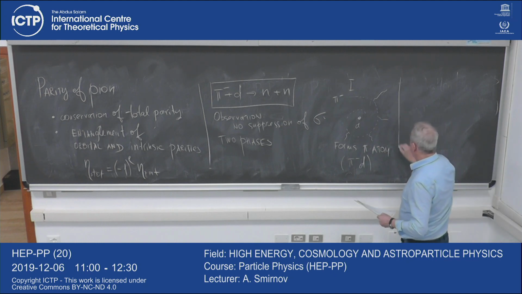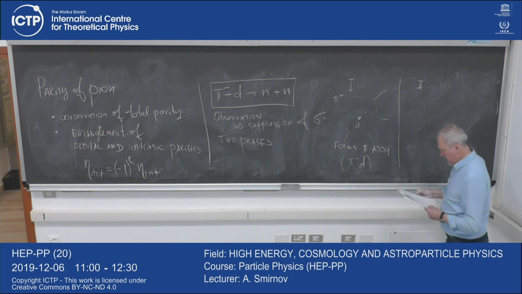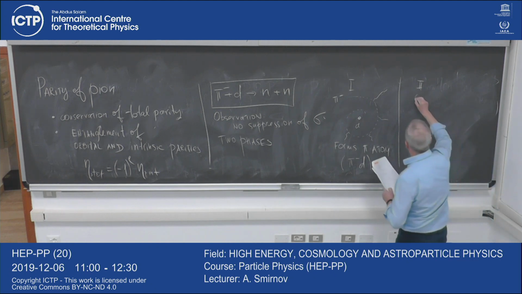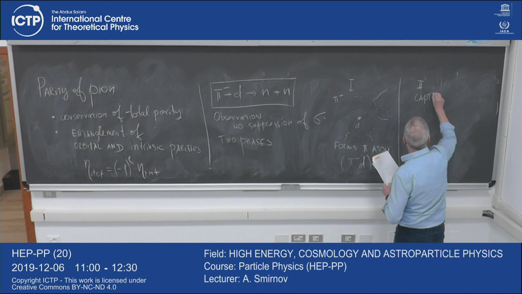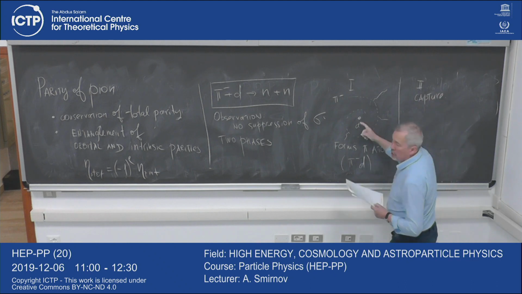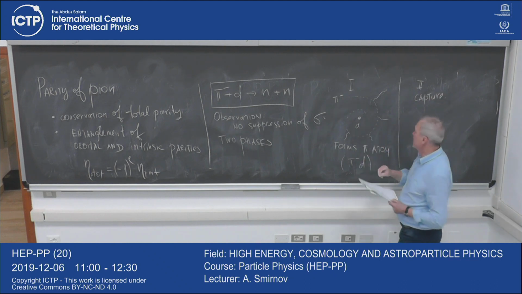The second phase is due to strong interactions, which is capture of pi. And the radius is small because pi is heavier than electron.